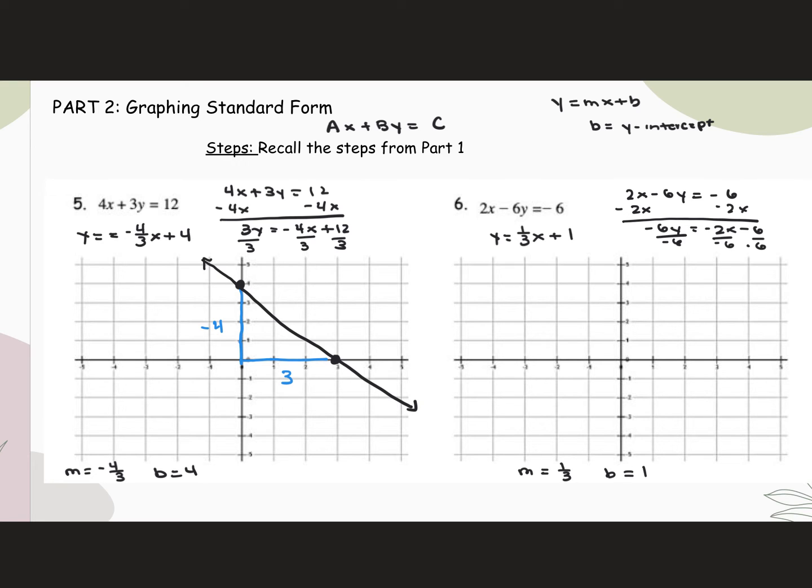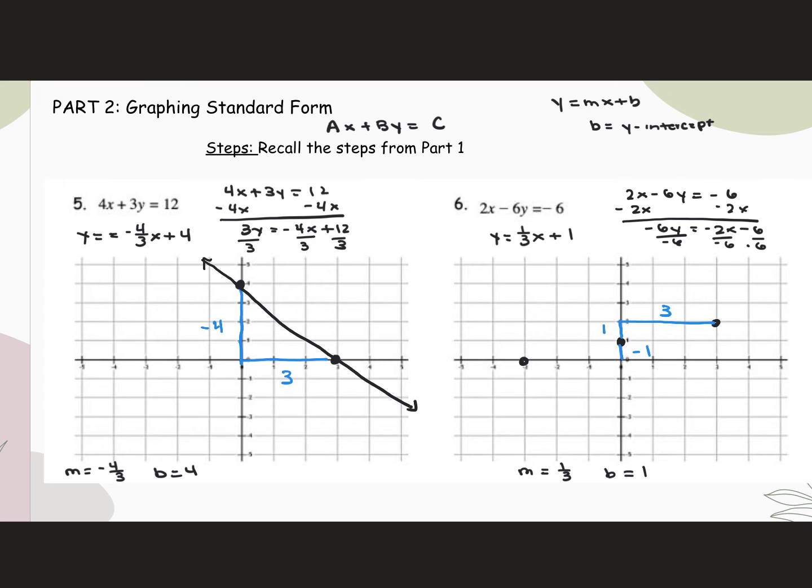Starting with my y-intercept of 1, I'm going to go up 1 over 3. To finish off the rest of my graph, I'm going to go down 1 to the left 3. Showing that here, I'm rising positive 1, going to the right positive 3.